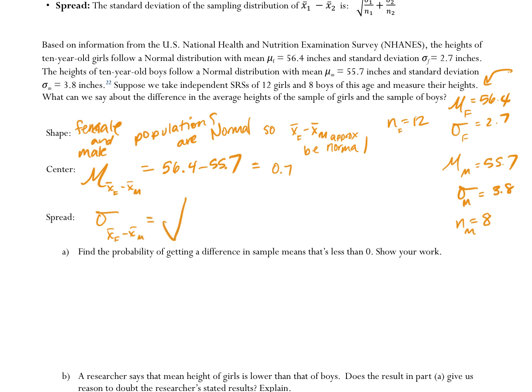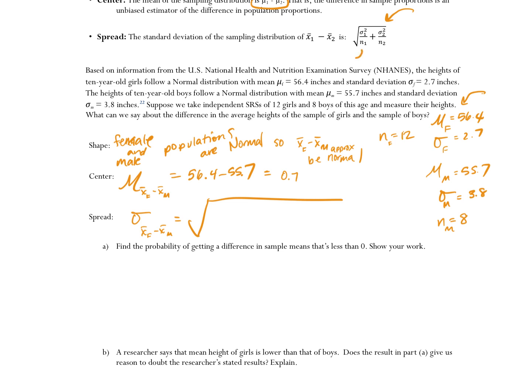I have no idea. I can't tell from just looking at it. So we're going to go back and look at what we're doing. We're taking the females, 2.7 squared over 12 and 3.8 squared over 8.